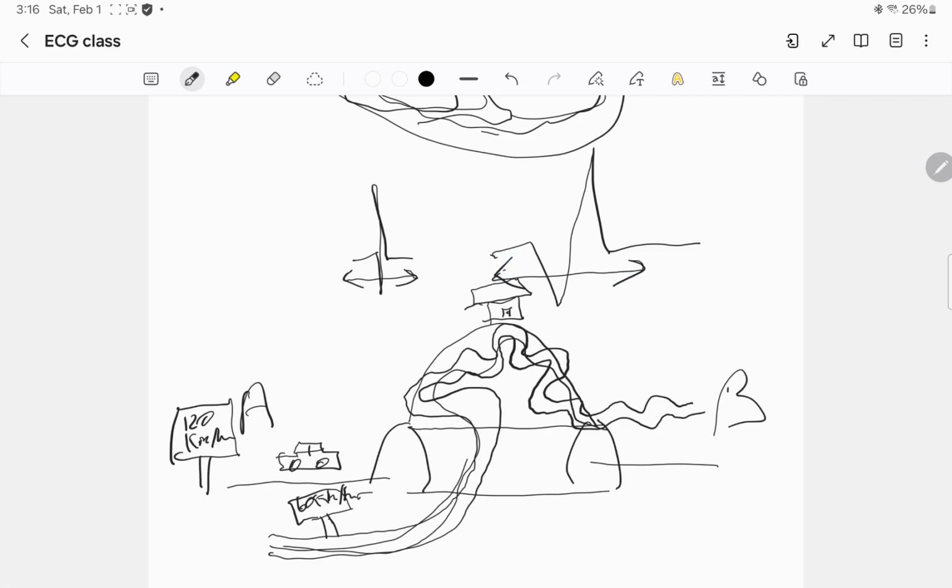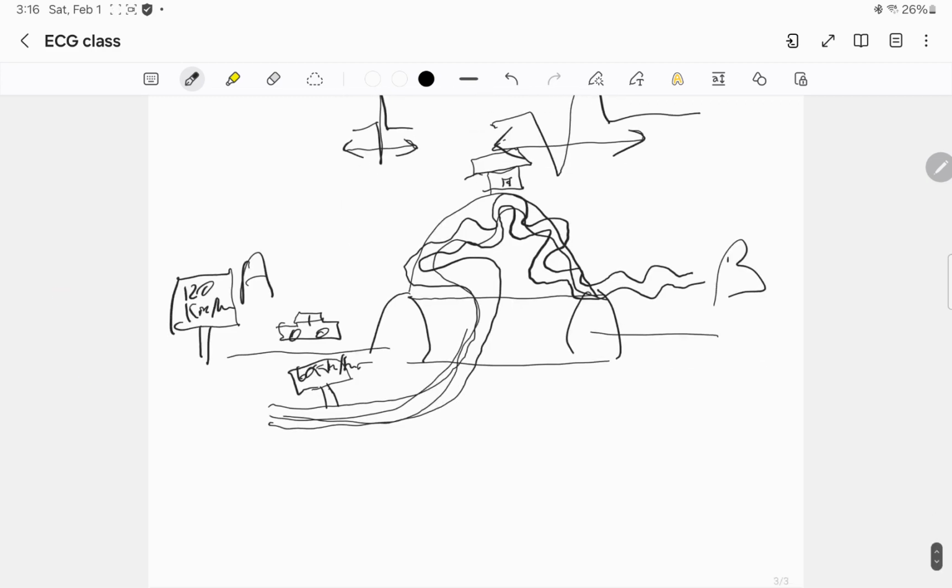Okay, so always remember that on the ECG, the y-axis is millivolts and the x-axis is time. So anything that's wide takes long, and anything that's narrow is taking a short amount of time. Okay.